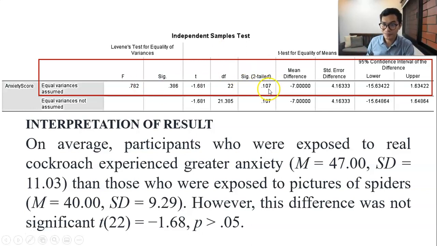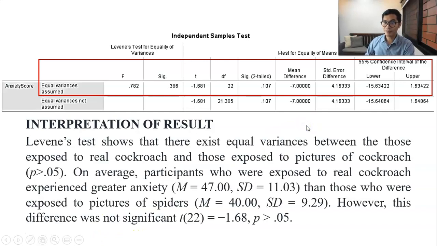Looking at the significance value, 0.107, it's greater than 0.05, so it's not significant. Either picture or real cockroach, the anxiety levels among the two groups are not significantly different. You also have the notation here.